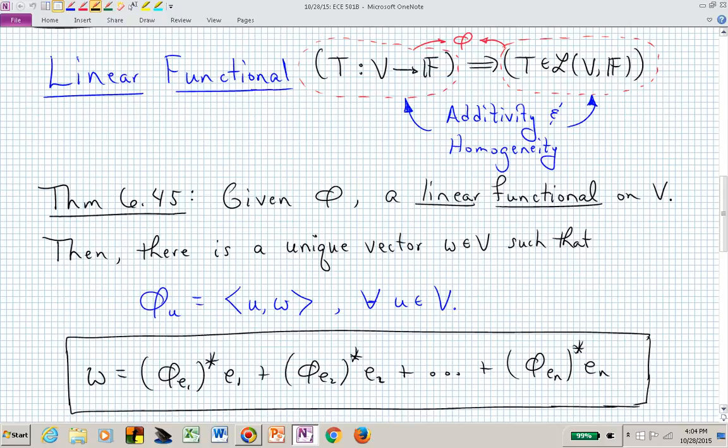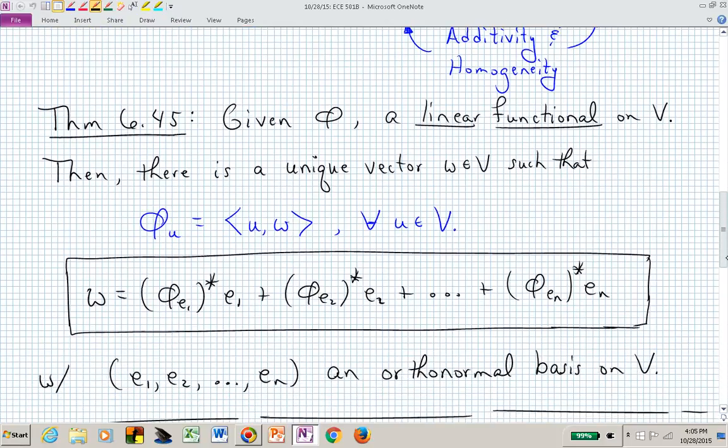Our inner product takes two vectors from our vector space and generates a scalar. And we can find the unique W. Here is the formula to find that unique W. You first need an orthonormal basis for your vector space V. Once you have an orthonormal basis, you apply this linear functional to each one of those basis vectors, E1 through E sub n, and conjugate that, which gives a conjugated scalar.